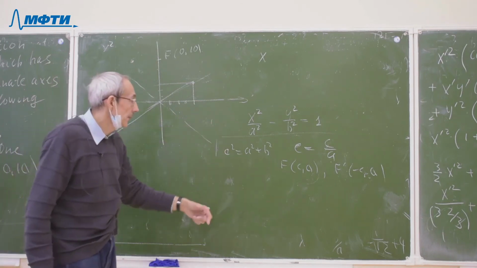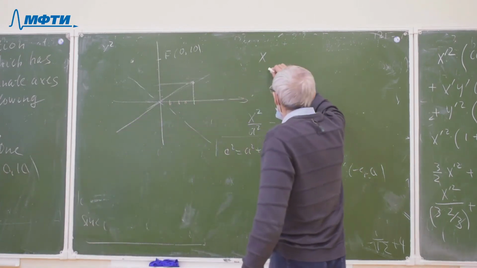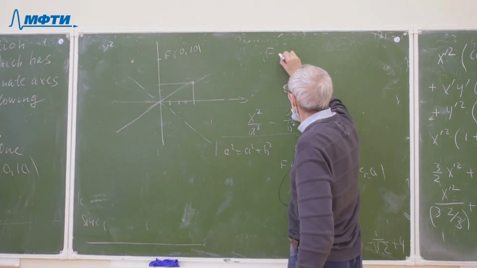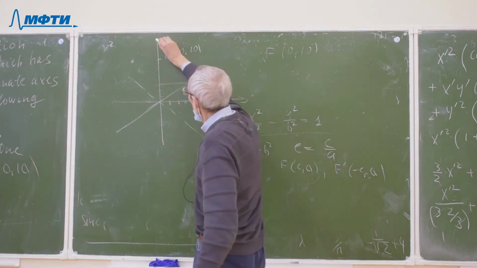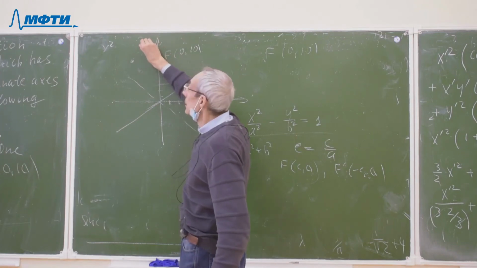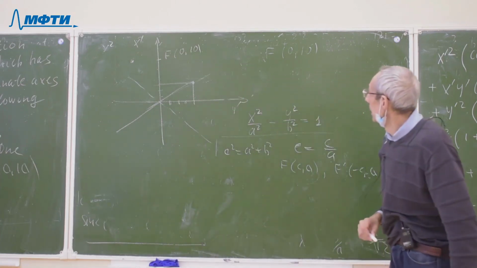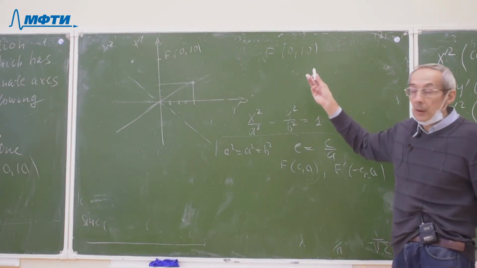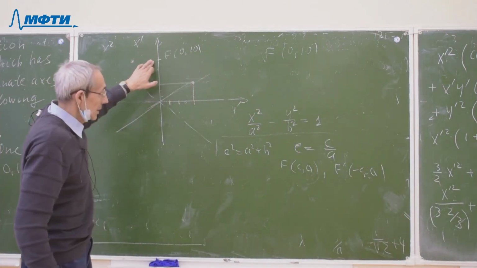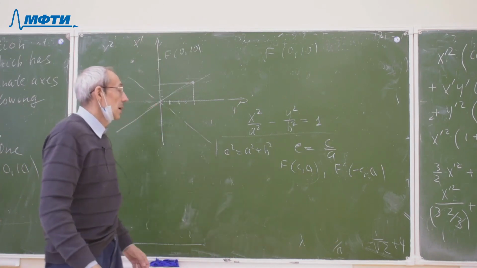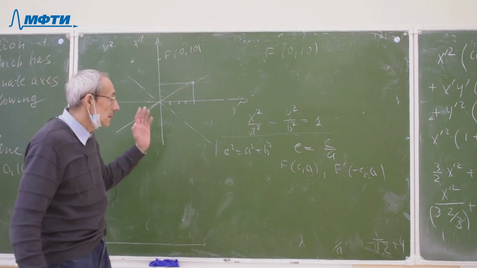Do you understand that? In the new coordinate system, the focus (0, 10) in xy becomes, if I call these coordinates x prime and y prime, the canonical condition: the focus has the form (c, 0).